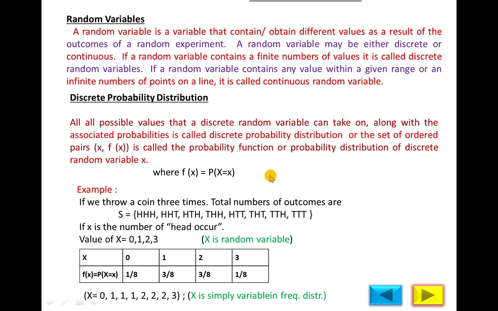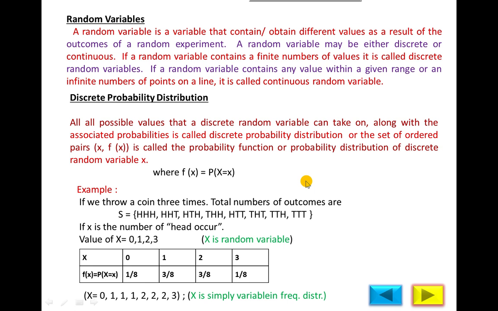So what is the difference? This is the most important thing. What is the difference between variable and random variable? You have solved three different questions in the frequency distribution table, three different types of data or variable.